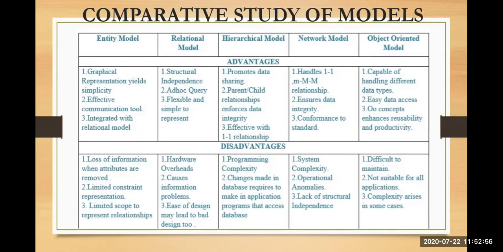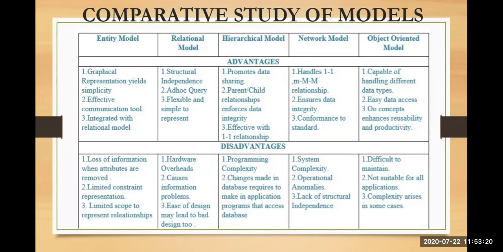Next, it helps you have an effective one-to-many relationship. One parent is communicating with multiple children, but at a time they have a one-to-one relationship between them. Next, the network model. It handles one-to-many also. It handles many-to-many relationships also, because many parents can have many children and many children can have many parents.